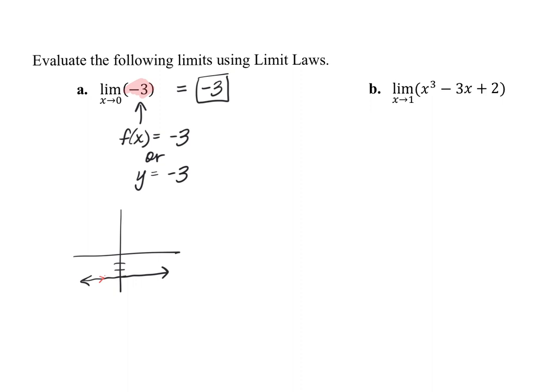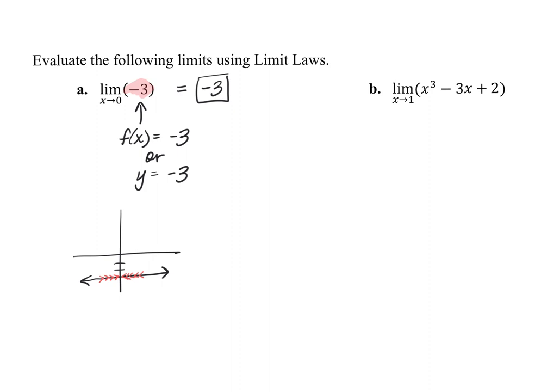Imagine as I approach 0 from the left, my y values are all staying at -3. And as I approach 0 from the right, my y values are also staying at -3. Therefore, the left and right-hand limits are both -3. So the limit of a constant is the constant.